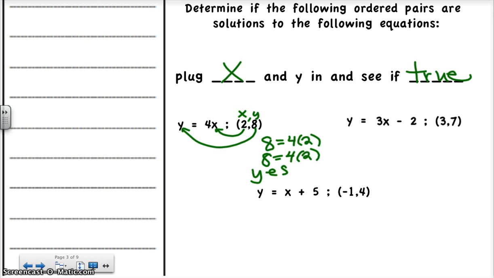So, next one gets a little bit harder. y equals 3x minus 2, for the point (3, 7). Again, the first strategy I have is what is my x, what is my y? x is always the first one, y is always the second one. 3 is going to go where the x is. 7 is going to go where the y is.